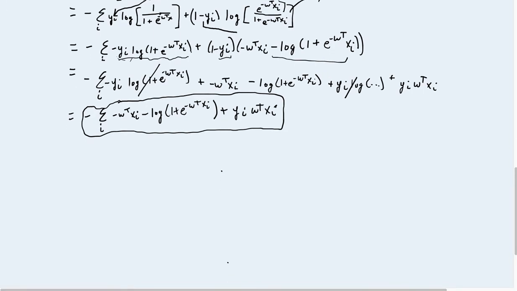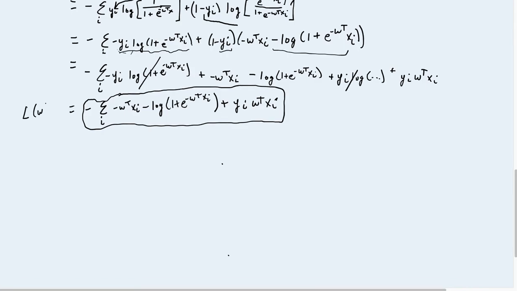Well, if we're going to minimize, this is the loss with respect to w. If we're going to minimize that, we need to take its gradient with respect to w. And so putting it into that simple form, while we did all that work, now it becomes easier to take the gradient.